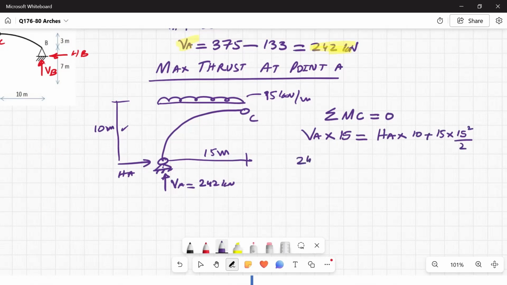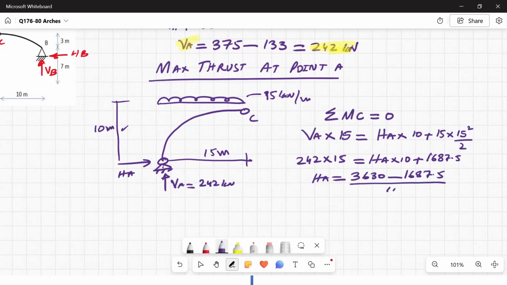This will be 242 times 15 is equal to HA times 10 plus 1687.5, and from here HA will be equal to 3630 minus 1687.5, divided by 10.